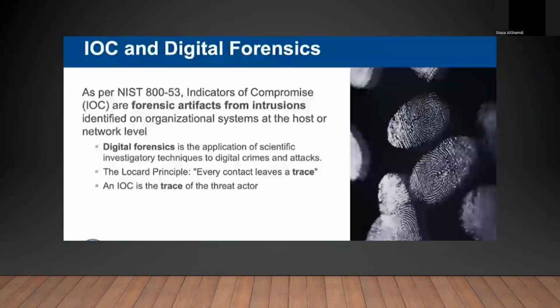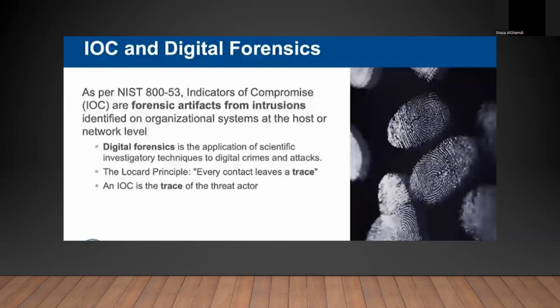And this is another definition, but this is from NIST, and I find NIST very well organized when it comes to documentation and definitions. So here, as per NIST, indication of compromise is basically, look, a forensic artifact. So now we're moving from a clue to evidence, and now we are getting to a forensic artifact.